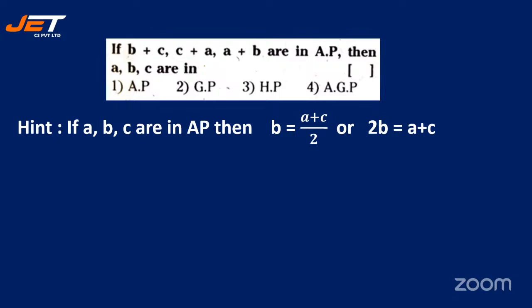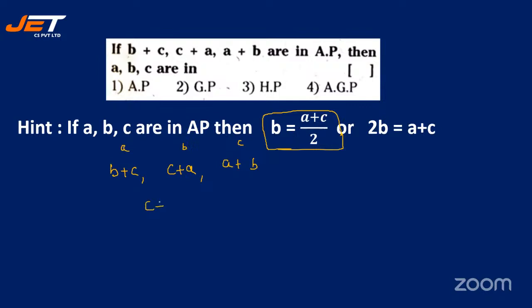So if A, B, C are in AP, then B should be equal to A plus C by 2. Let's see whether it is in AP. That's the first step that we follow, isn't it? See, b plus c, c plus a, a plus b. So this is A, this is B, this is C. So let us use this formula.